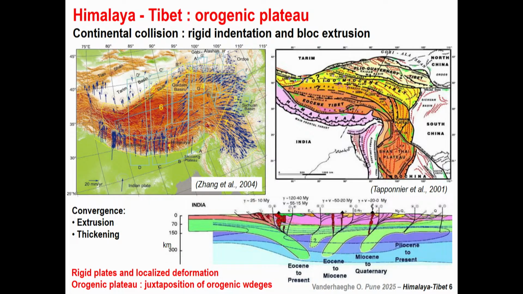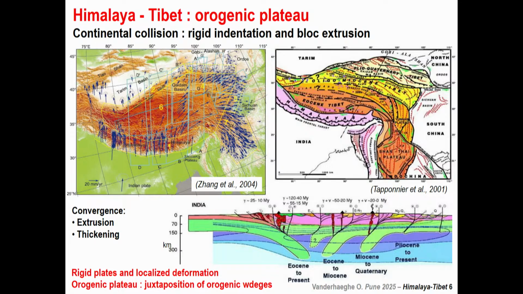These are mostly measured by satellite. Satellites look at the Earth from the top, so it's difficult to measure vertical motion. It's more adapted to measure horizontal motion. But we see here the vertical motion indirectly.